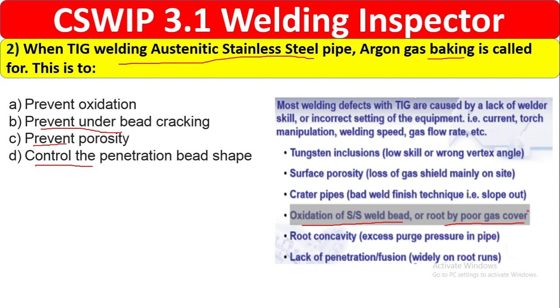That's why we need argon gas for backing. Most welding defects with TIG are caused by lack of welder skill, incorrect settings, that is current, torch manipulation, and welding speed. So tungsten inclusion, surface porosity, crater pipes, oxidation of SS weld bead, root concavity, and lack of penetration. All these defects can happen in austenitic stainless steel.